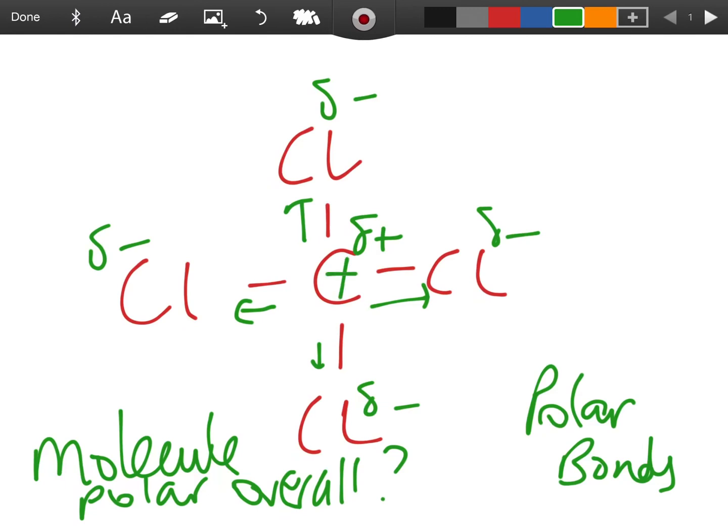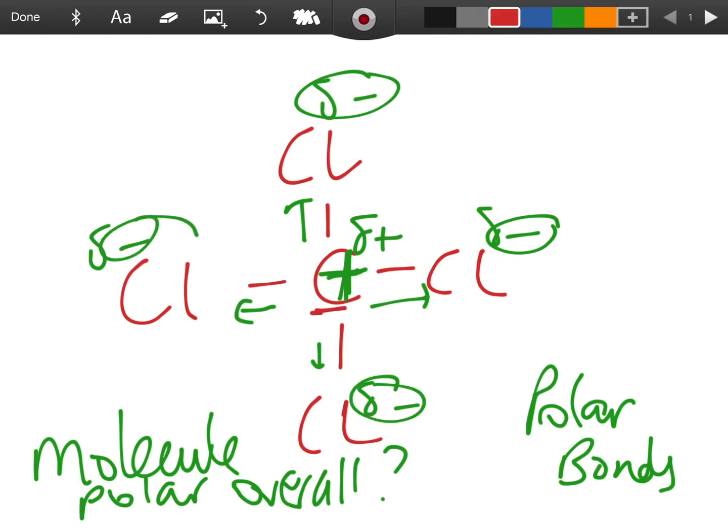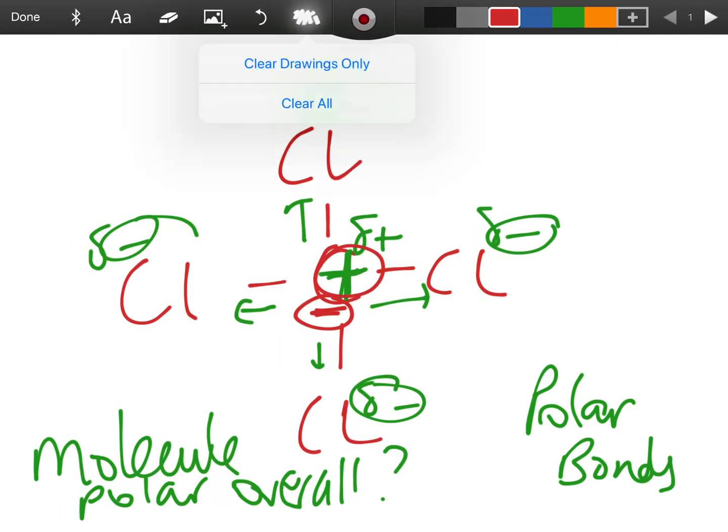The centre of positive charge is here, where the carbon atom is. Where is the centre of negative charge? Well, you can fold, look, that up. And where is your centre of negative charge? In here as well. And if the centre of positive and the centre of negative charge is in the same place, then your molecule is not polar, okay, even though it might have polar bonds.